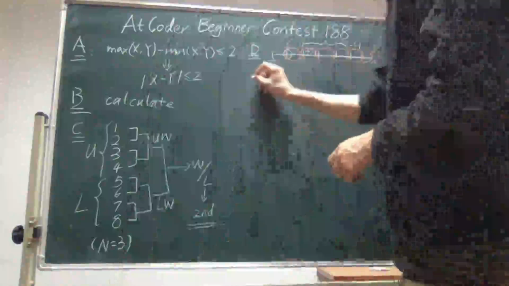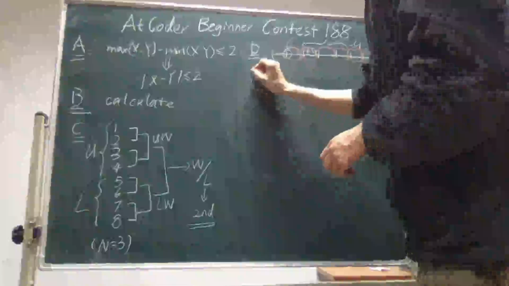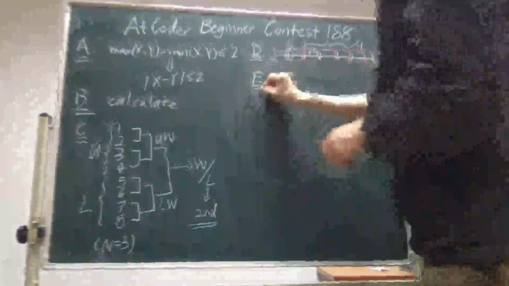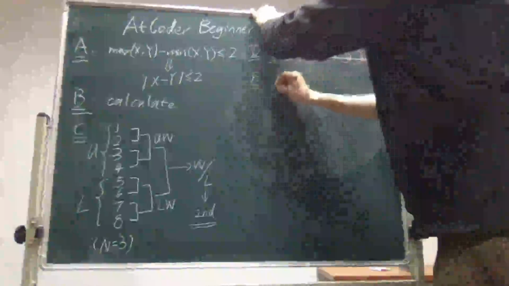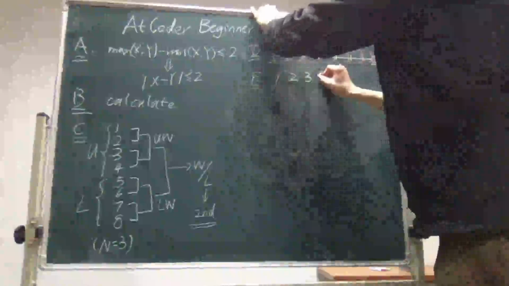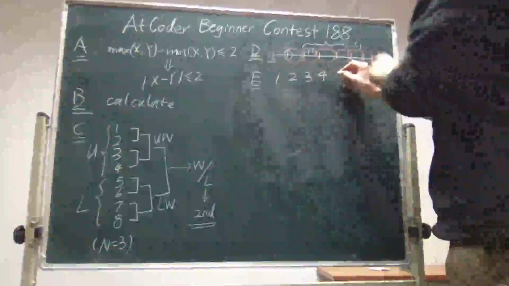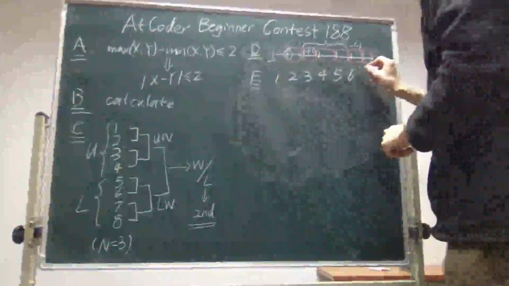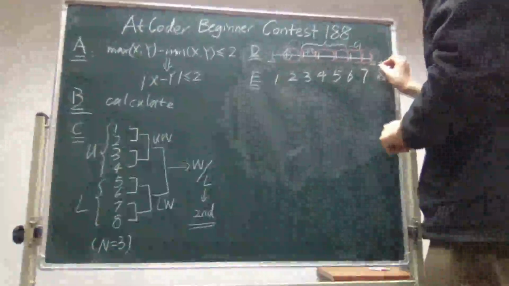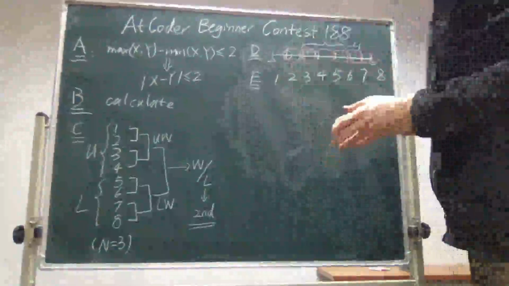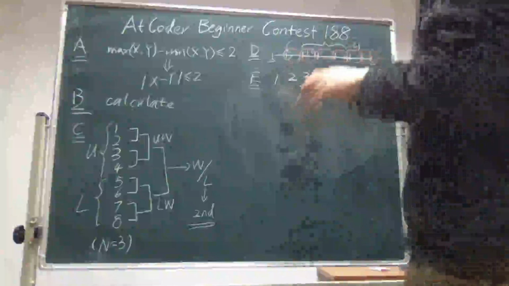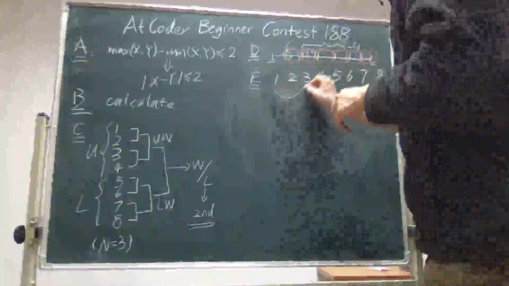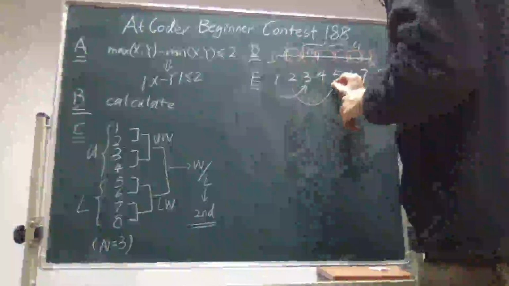That means suppose we have terms 1, 2, 3, 4, 5, 6, 7, 8, and all the rows are from a smaller term to a larger term, like this.